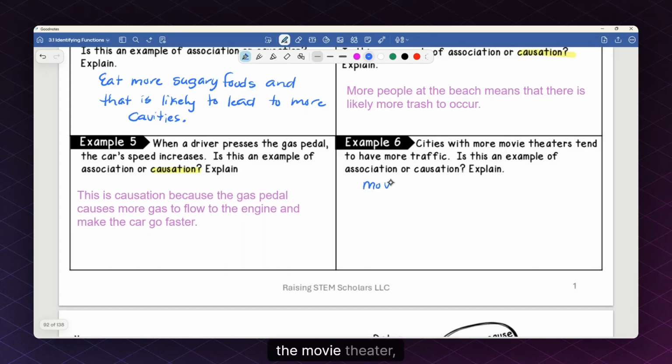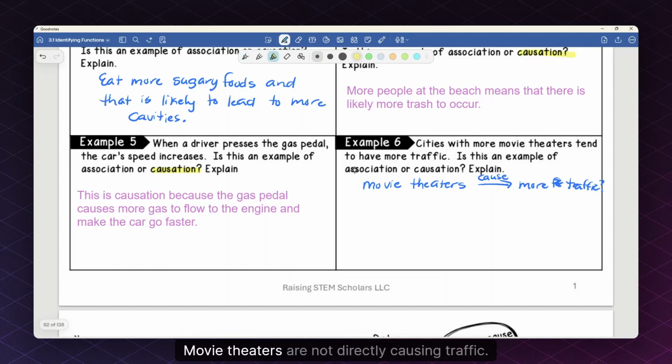If we have more movie theaters, does it cause more traffic directly? And the answer is no. Okay, so that would be an example of association. Movie theaters are not directly causing traffic. There's going to be another reason for that.